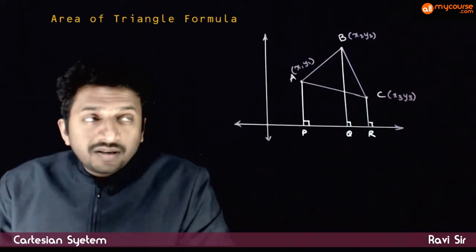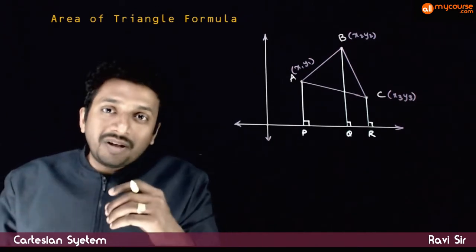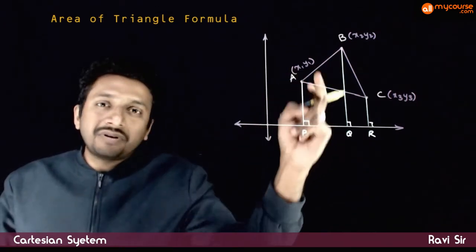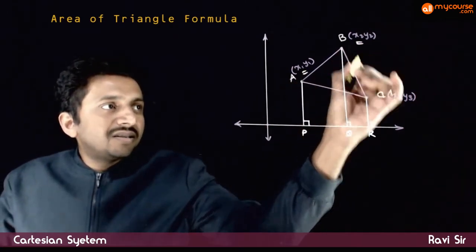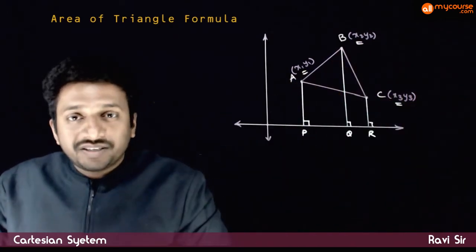In this topic, let us look at the formula to calculate the area of the triangle ABC if the coordinates of the vertices are known.